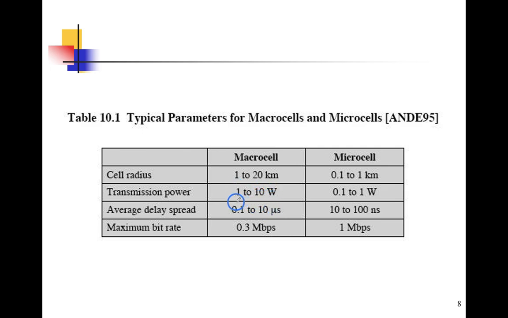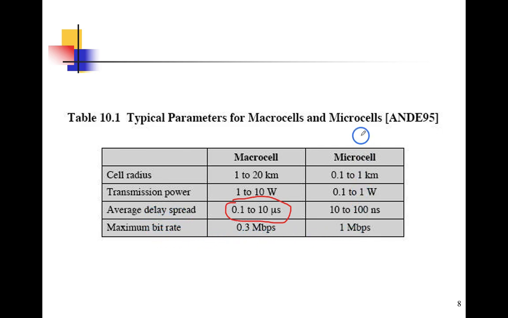And look at the average delay. Even though it is very small, 0 to 0.1 and 10 microseconds, still we call it a delay, which is higher. Maximum bit rate is 0.3 megabit per second. So in a macro cell, the wider the coverage is, the lower the bit rate.